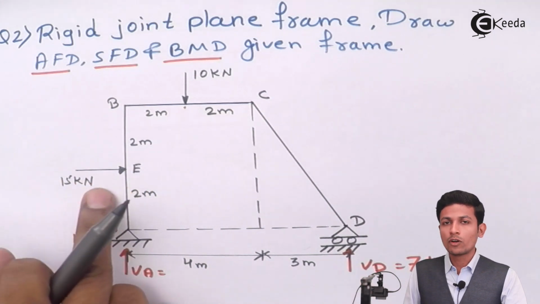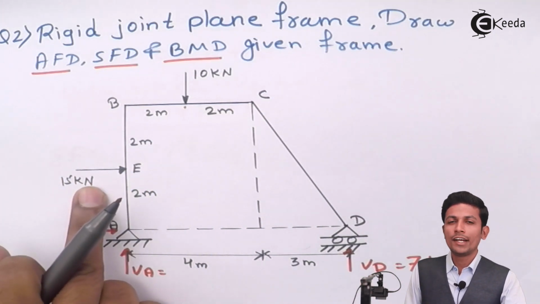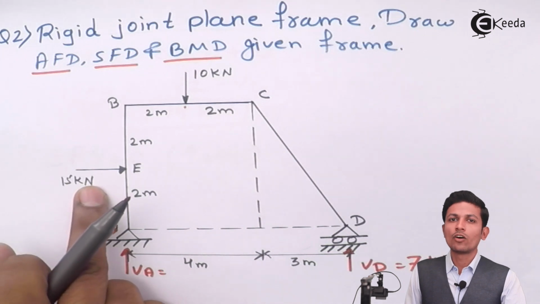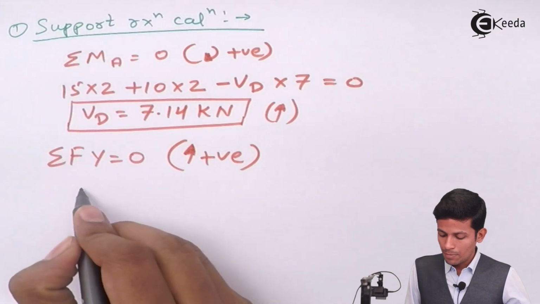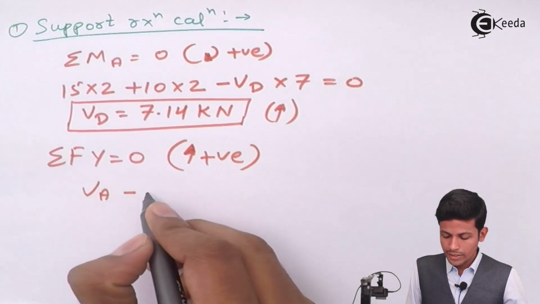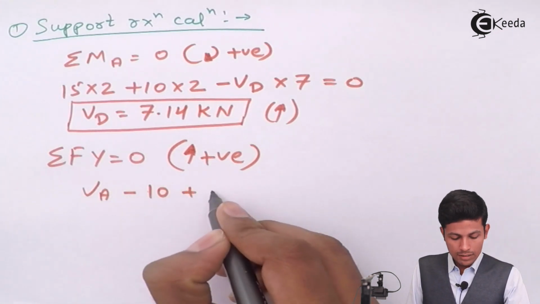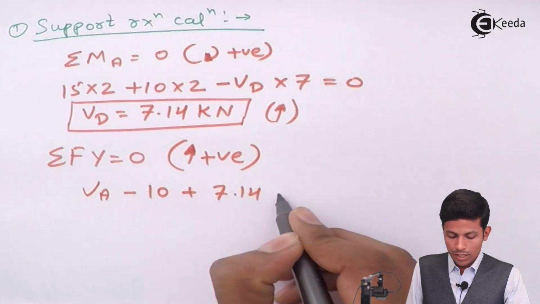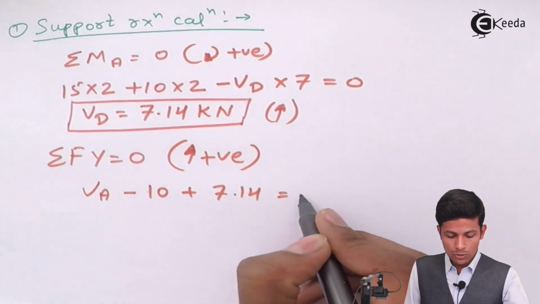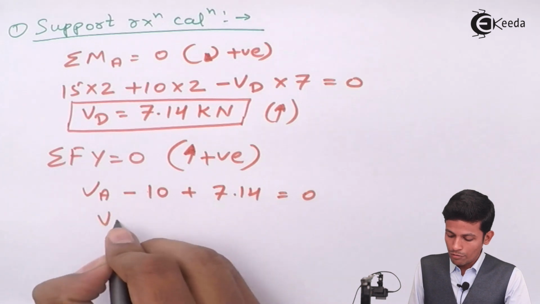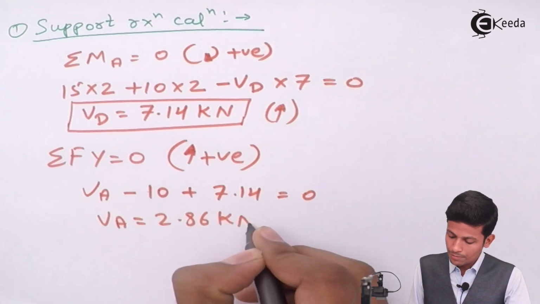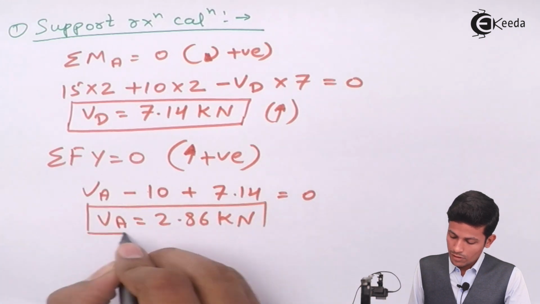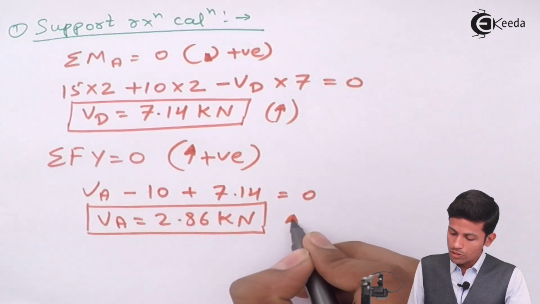Don't take this distance, because in summation Fy we only take the vertical forces, not horizontal. So VA minus 10 plus 7.14 equals 0. Now we get the value of VA: VA will be 2.86 kilonewton. This is also upward because it is positive.